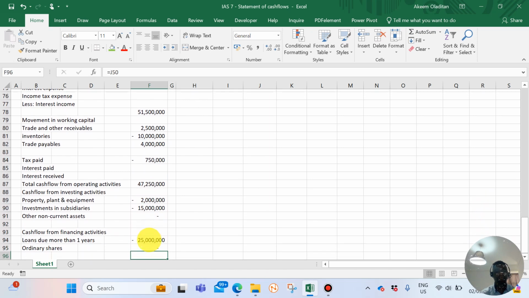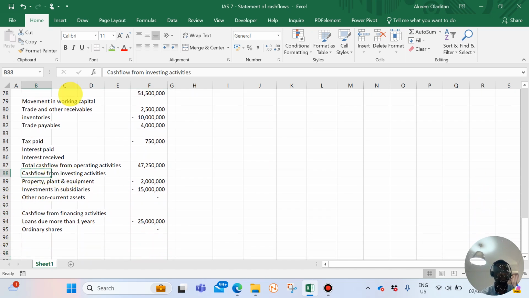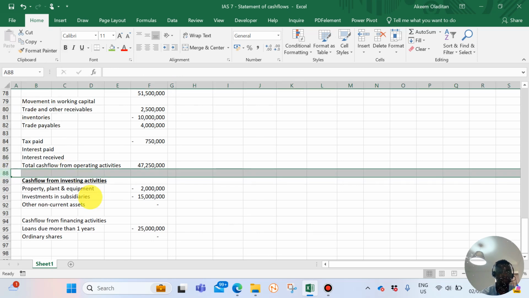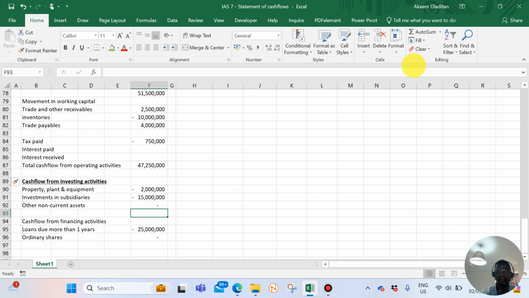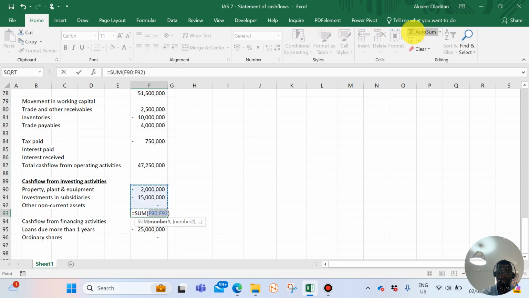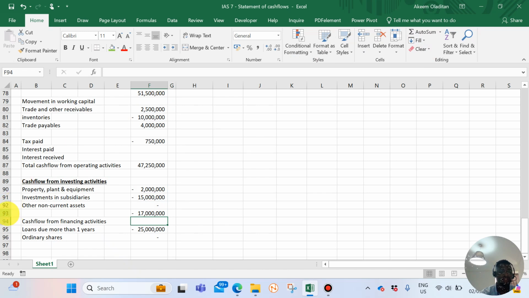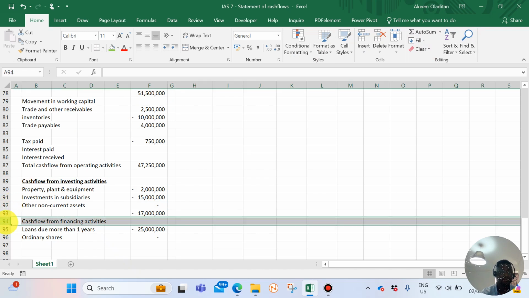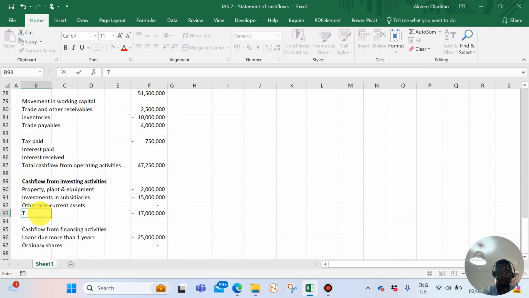And let me differentiate this. Start a line. This is from investing activities. Total cash flow from investing activities.